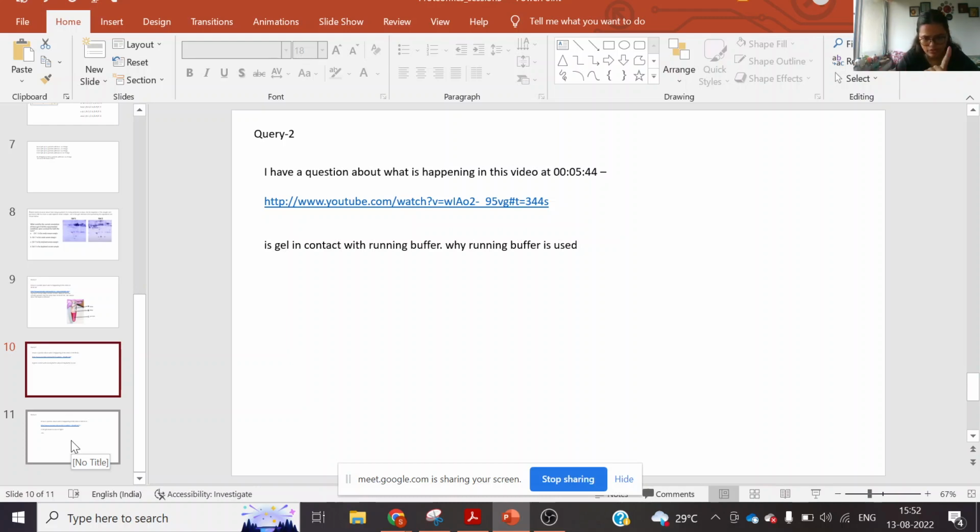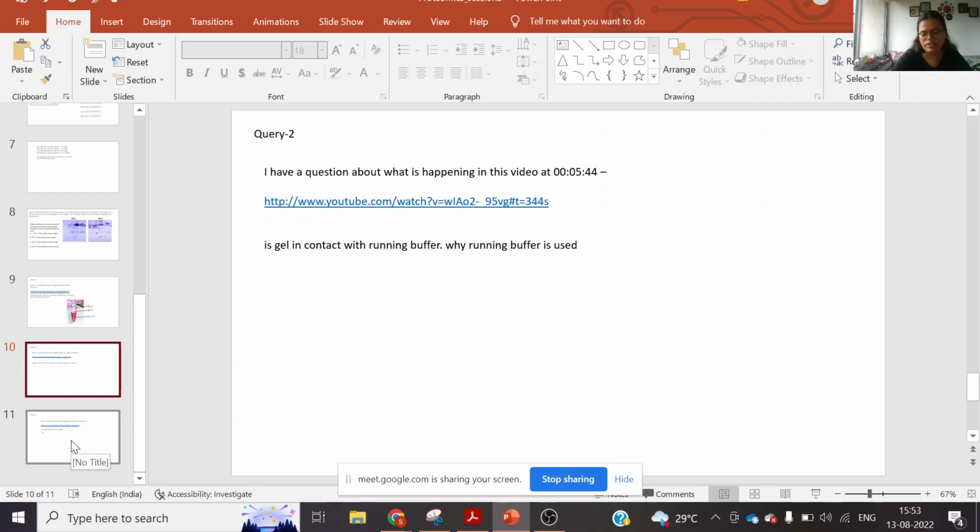It could happen definitely, but it does not happen. Why? Because whenever you are loading your sample protein in a well, along with your protein, you are using a loading buffer. In that there are certain chemicals you are adding which will give it more density, so that your protein sample will settle in the well properly.